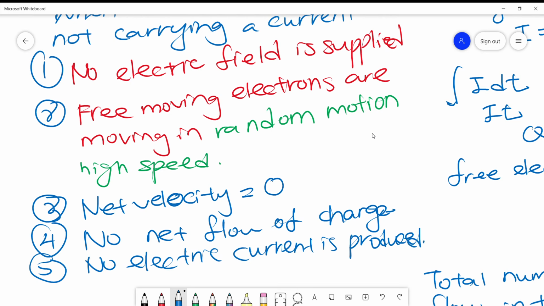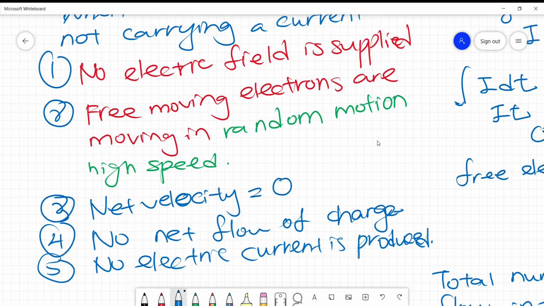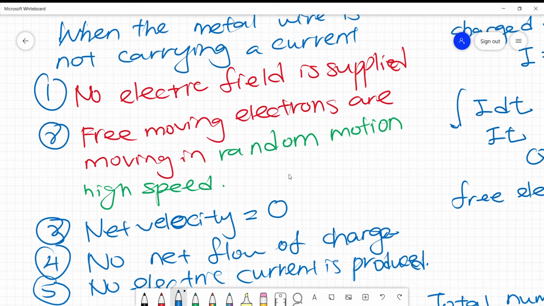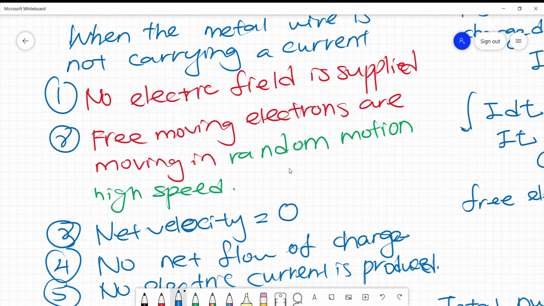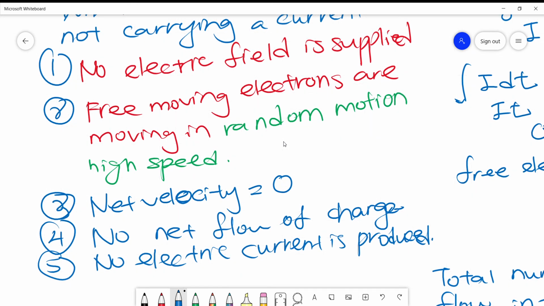This is the condition when the metal wire is not connected to the power supply. Let us discuss again. First, if the wire is not carrying a current, no electric field is supplied, and the free moving electrons move in random motion with high speeds.